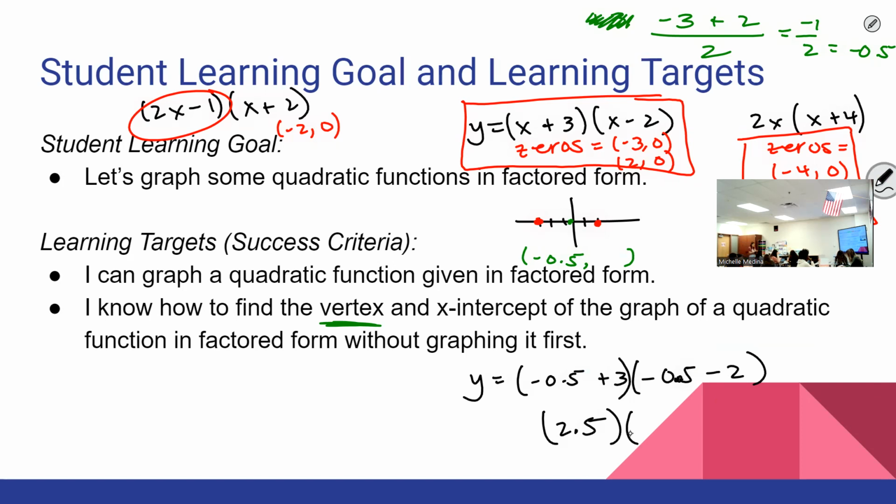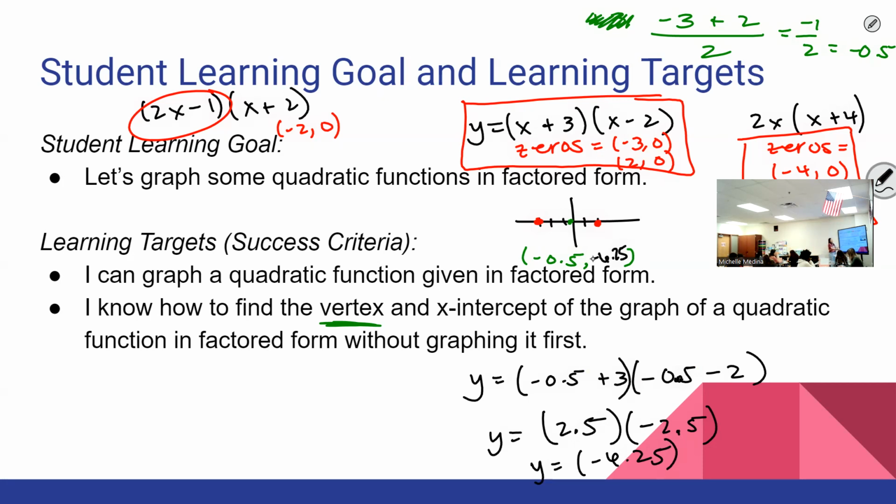Yep, negative 2.5. And then multiply those together, negative 2.5 times 2.5 is negative 6.25. That is how I can get my y value of my vertex. Once I know what the x value is, I plug it in and solve.